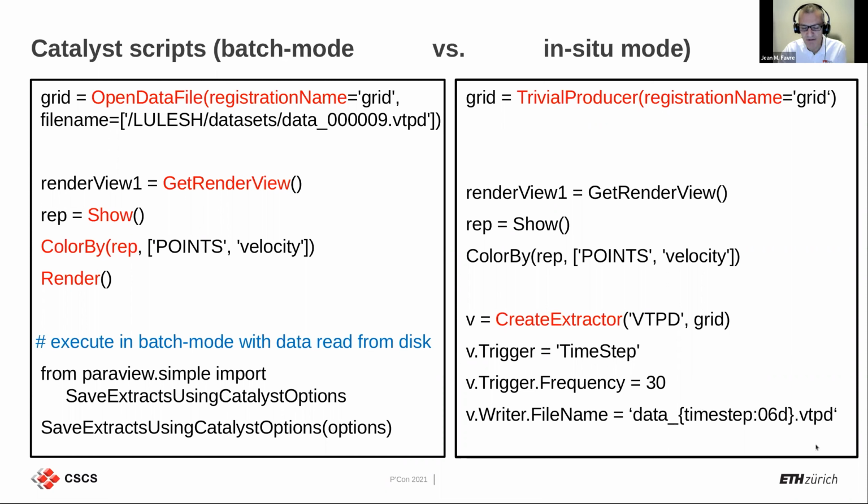And that's what makes those extractors very simple to use. The Catalyst engine behind is what is responsible for doing the looping, and is responsible for saying that once every 30 iterations of the simulation code, I want to execute that pipeline and save data to disk.